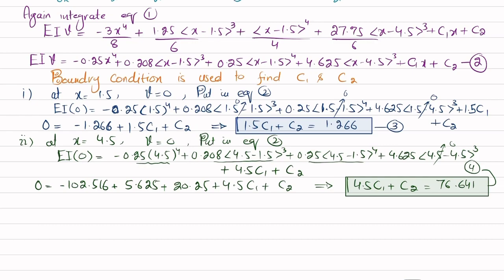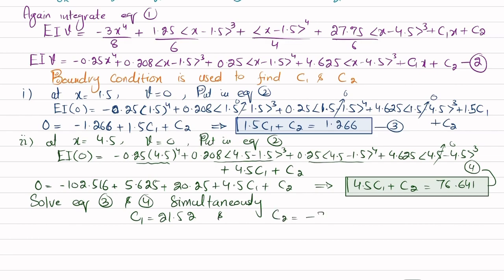Now equations 3 and 4 are simultaneous equations. So solve equations 3 and 4 simultaneously. It's very easy. You will get C1 equal to 21.52 and C2 equal to minus 36.42.